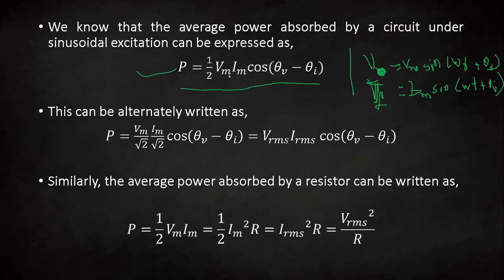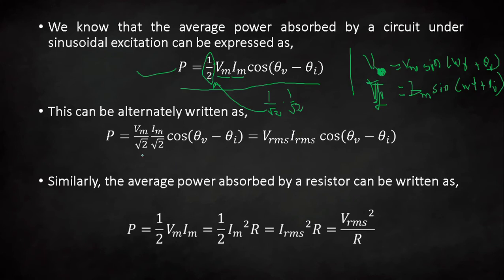Now this equation can be rewritten in the form of RMS value of voltage and RMS value of current. Here you can see this equation is in the form of the maximum value of voltage and current. So this term 1 by 2 can also be written as 1 over root 2 multiplied by 1 over root 2, because root 2 into root 2 is 2. Now put one root 2 under Vm and the other root 2 under Im.